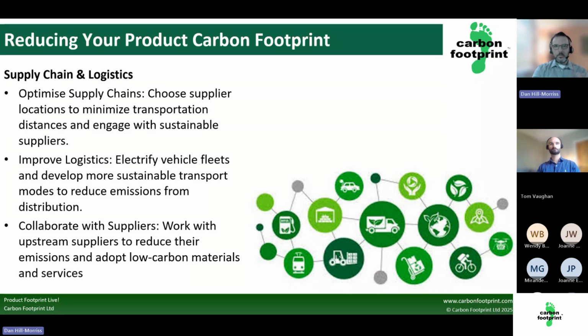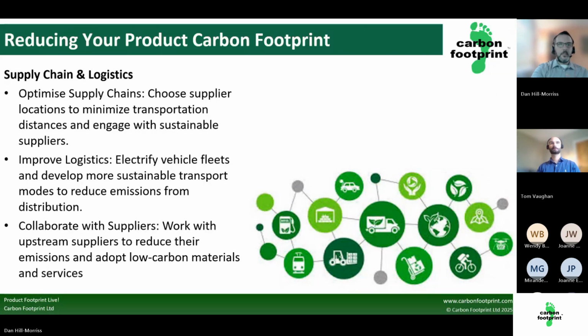And just as your customers are making these demands of you supplying a product, you should also be making these demands of your suppliers supplying your materials and components. So yeah, looking at local suppliers, looking at electric fleets, working with those suppliers in ways that will help to reduce emissions on both sides, I think.